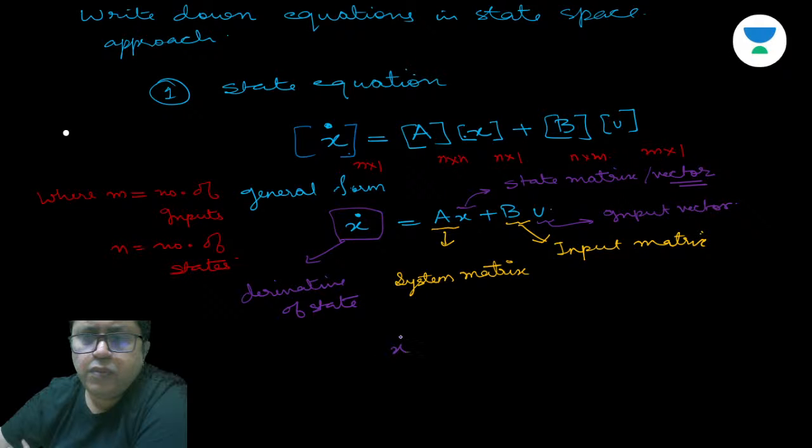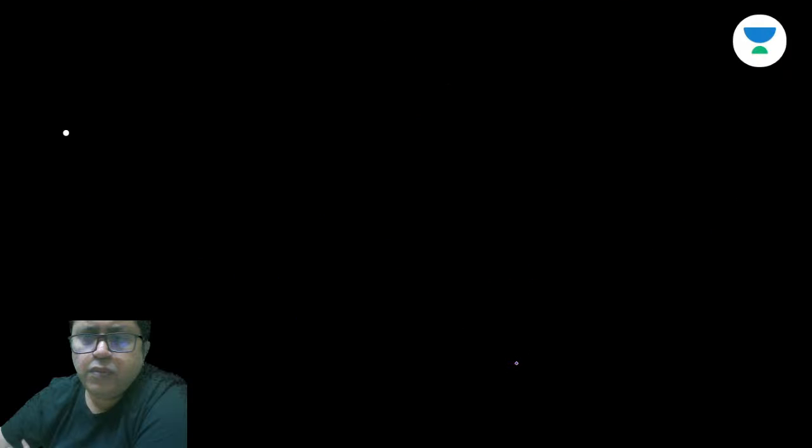You can denote x dot as dx divided by dt. So this is the state equation.